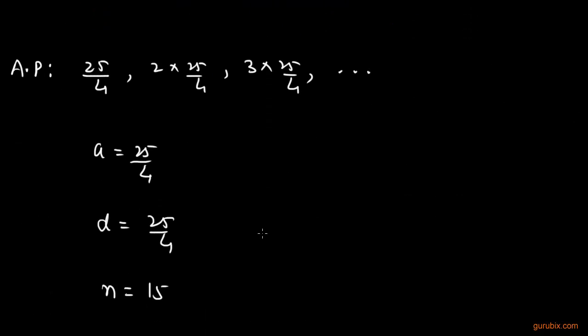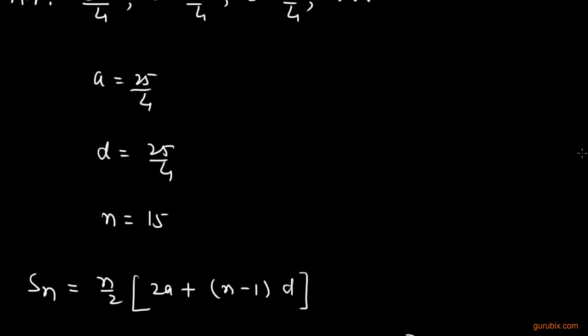So now we have an AP like this. 25/4 is the first term, the second term is 2 into 25/4, and the third term is 3 into 25/4, and we have to find the sum of this AP up to 15 terms to find the volume of the terrace. Here the first term is 25/4, the common difference is obviously 25/4, and the value of n is 15.